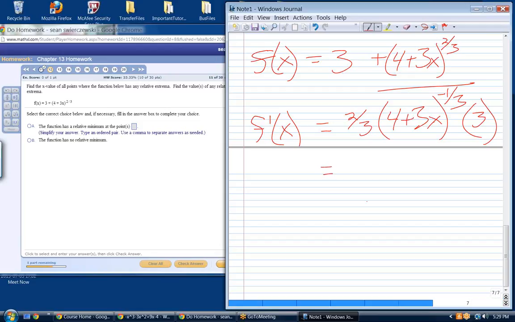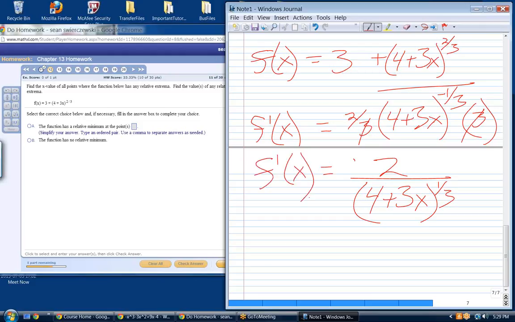So, f prime of x, these 3's cancel, and I've got a 2 in my numerator, and I've got 4 plus 3x to the 1/3 in my denominator. So that's f prime of x.